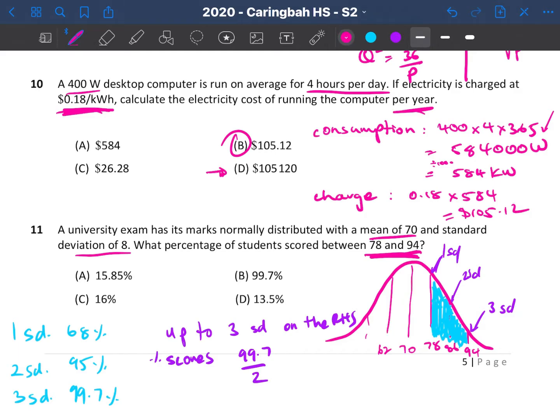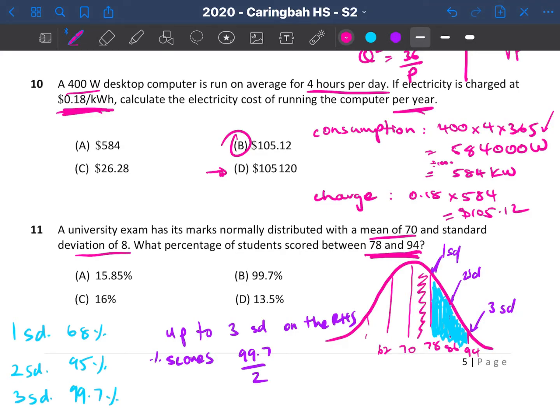But that would include, and pay attention to this, all of that purple area. So the purple is 99.7 over 2. But I don't want all that purple, I want the blue, so I would need to do purple, take away this white section here. Okay, let's color that pink.